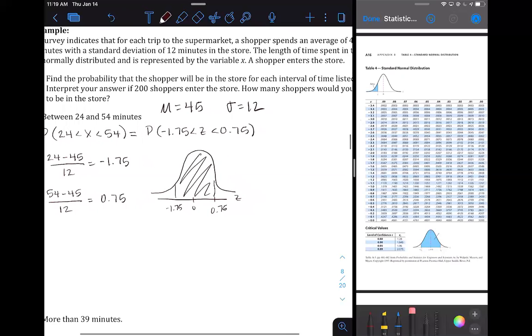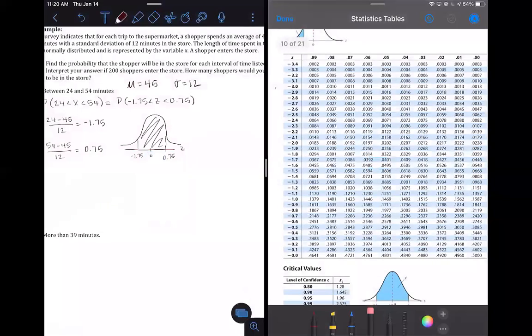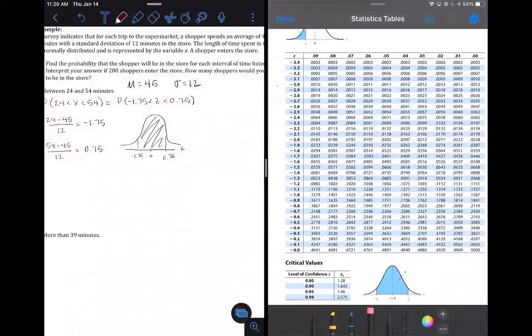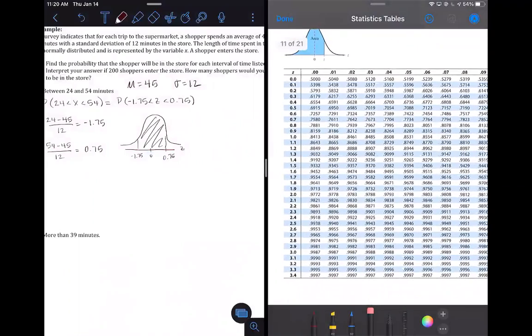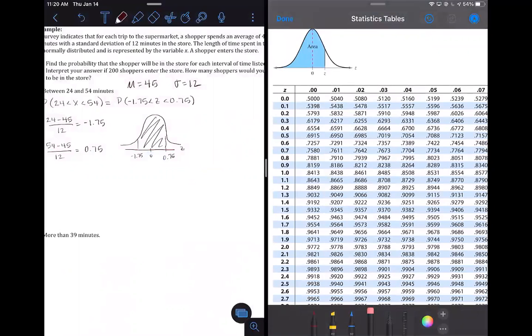Okay, so the largest number is going to be the 0.75. So if we look at our table and our z-score of 0.75, you get an area of 0.7734.